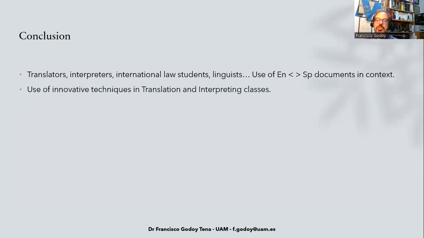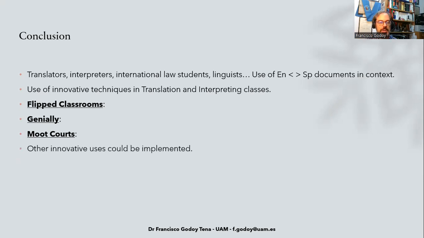Then we can introduce the innovative techniques in translation technique classes. We introduce certain aspects, for example, flipped classrooms, Genially, and moot courts. Remember, flipped classrooms in the case of more theoretical, Genially and moot courts more practical.